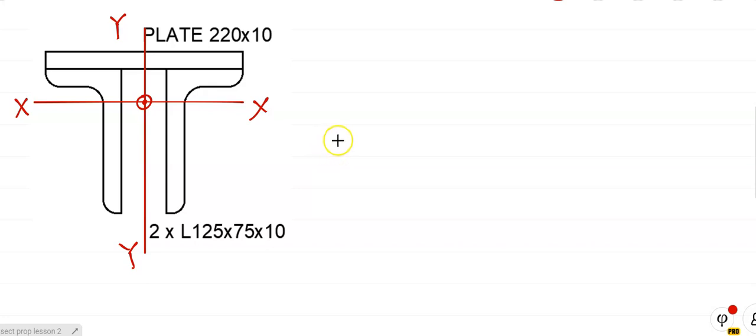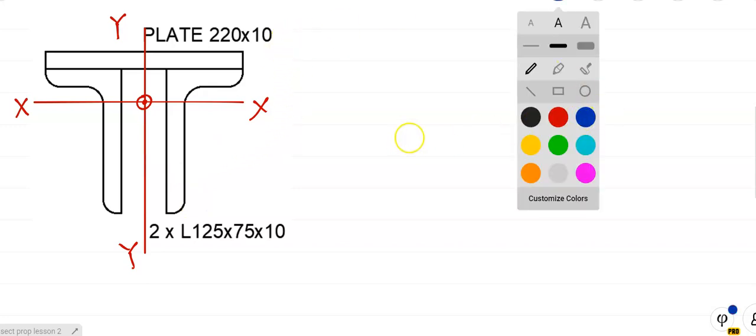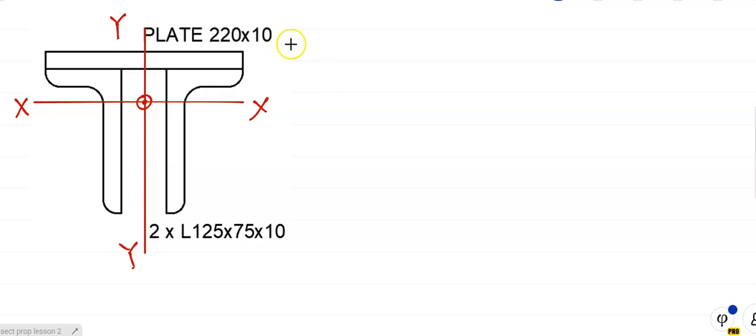Do we have any axis of symmetry? Yes, we do. We have axis of symmetry about the YY axis. So what does it mean? It means that we're not going to work out x left, x right. We're just going to state it. So x left is equal to x right is equal to half the full width of the section. And how wide is the section? The distance from there to there, it is 220.